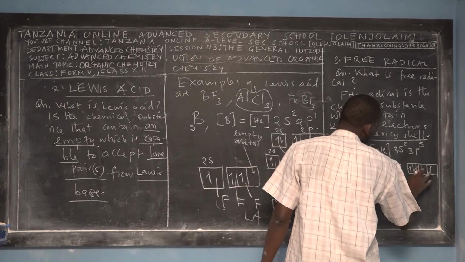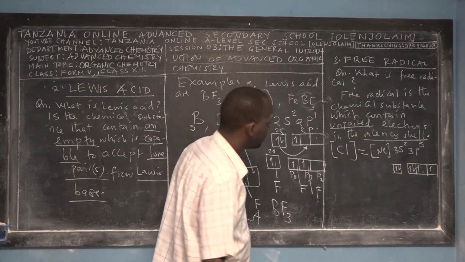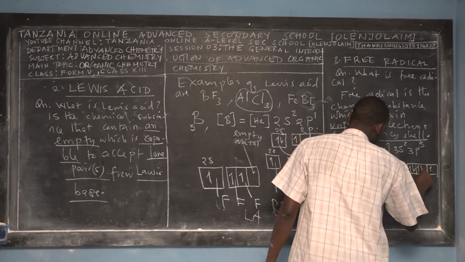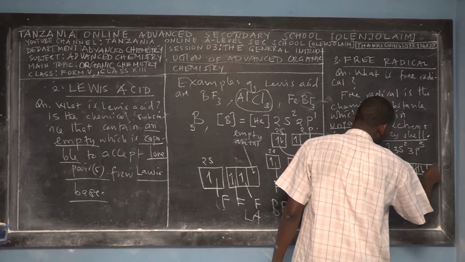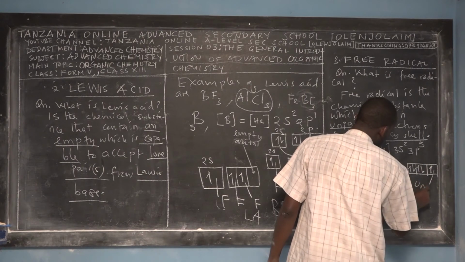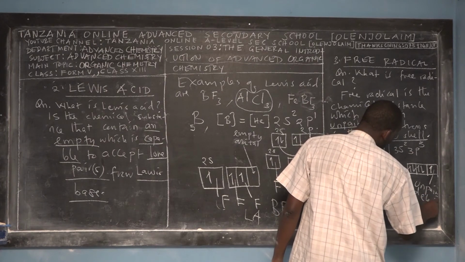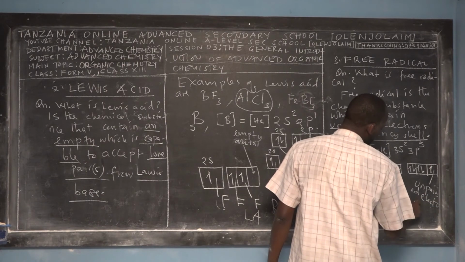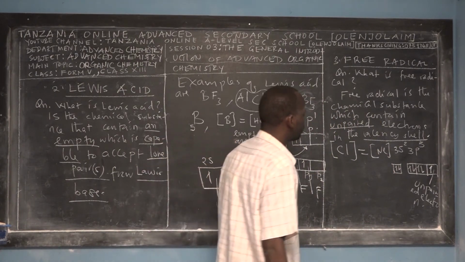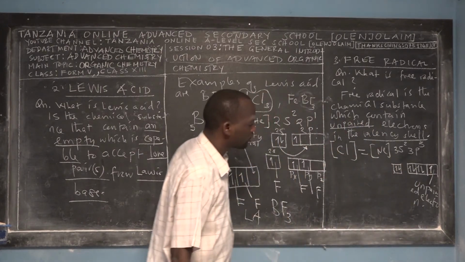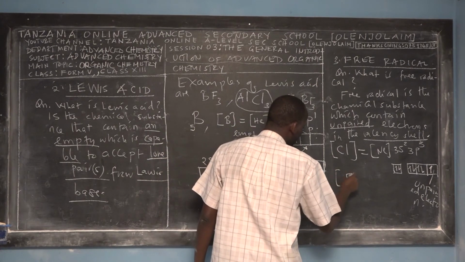Only 5 electrons in the p orbital. You see that the last orbital contains an unpaired electron. Because of this unpaired electron, chlorine becomes a free radical. You can do similarly for fluorine.